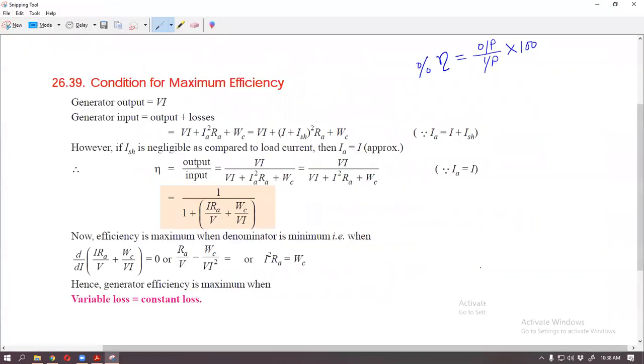Yes, sir. So today we just repeat these topics. Efficiency means output by input, and percentage of efficiency is output by input into 100.